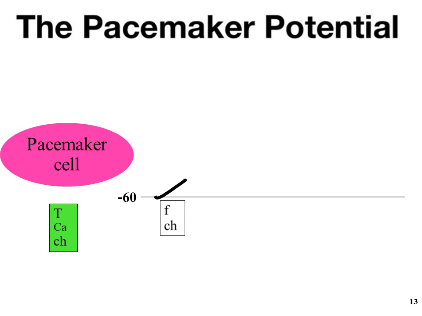There are two types of calcium channels: transient calcium channels, with the letter T, and long-lasting calcium channels, with the letter L. In the second part of the prepotential, the activated channels are the transient calcium channels.